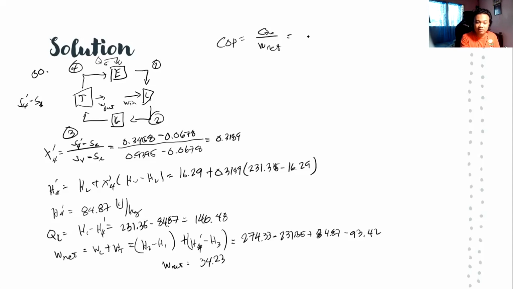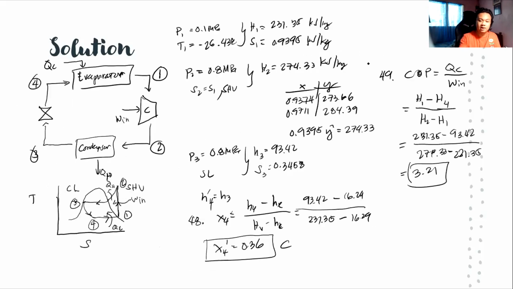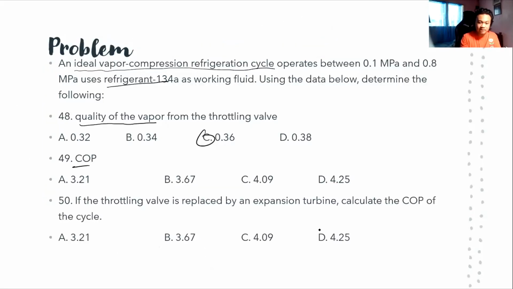So substitute that here. We have QC over W net, so we have 146.48 divided by 34.23. You can get the new COP now at 4.28. That's letter D of our choices.